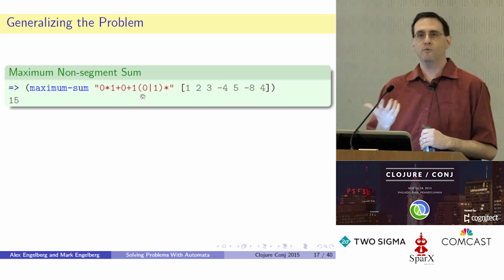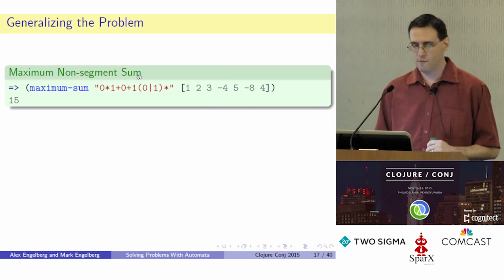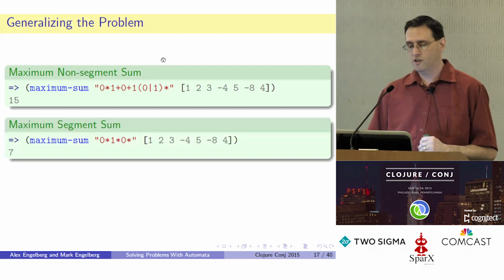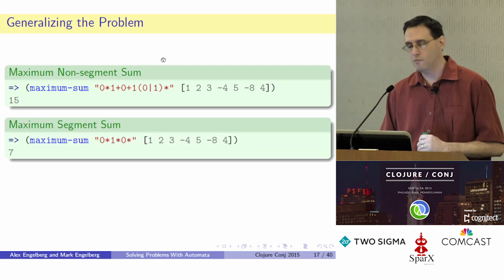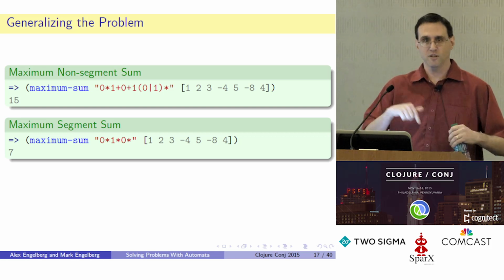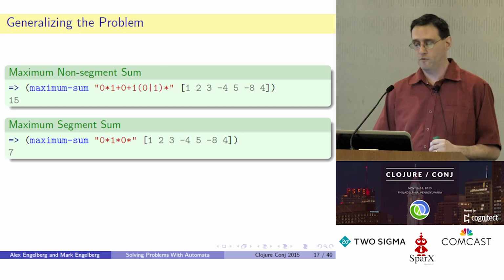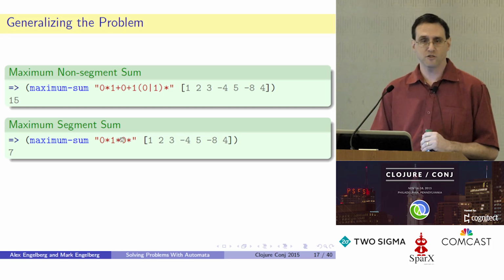This is the problem we just discussed, the non-segment regex, so this is the maximal non-segment sum. Some of you may have seen there's a fairly popular interview problem to find the maximum segment sum, which is actually considerably easier than this problem. But this general purpose function can do both of them. You just plug in a different regular expression.